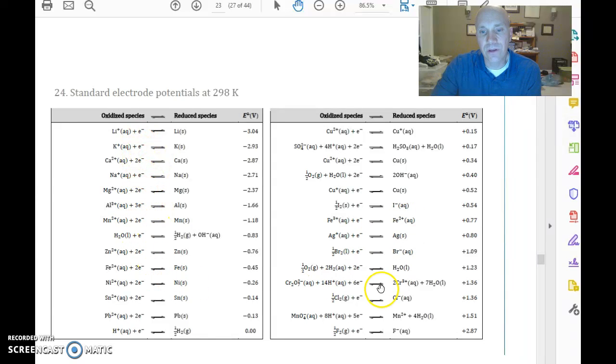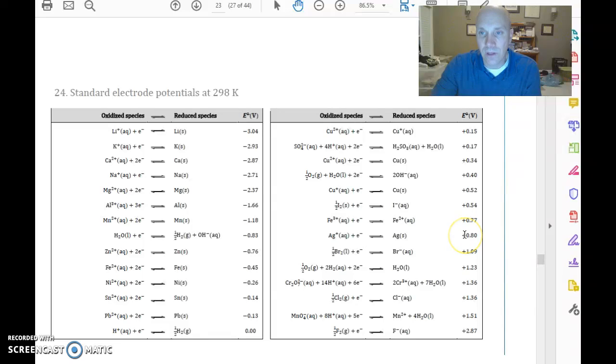All right, so the only ones that would occur as written with the hydrogen electrode are the ones that are positive. So let's find the one that's more positive. So here's the silver one, and the other one was magnesium. That's over here. So between the two of these, it is the silver, which is the more positive between them.